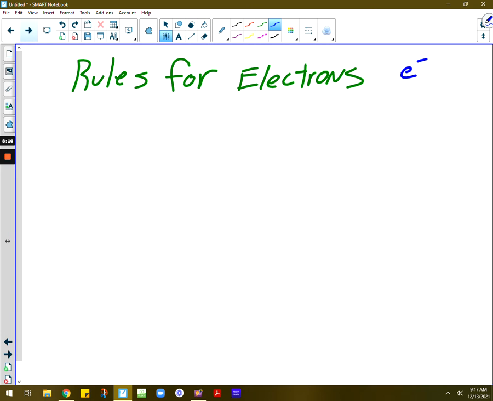We do know that electrons are very tiny, they have a negative charge, they move around very erratically, and they're very spooky in the way that they move. There are 4 rules that we discussed having to do with the way they move and how we can predict where they're going to be. That all has to do with a branch of chemistry called quantum mechanics or quantum physics.